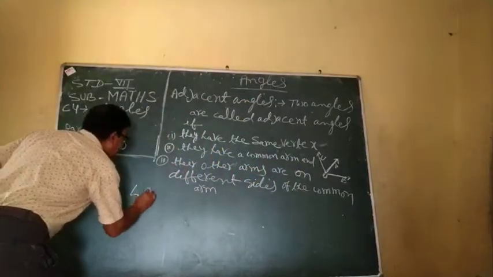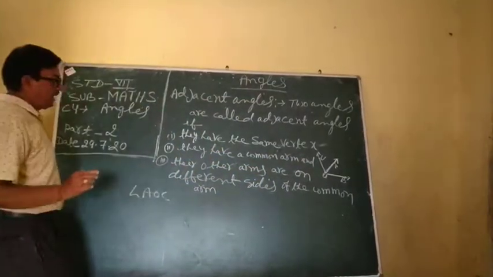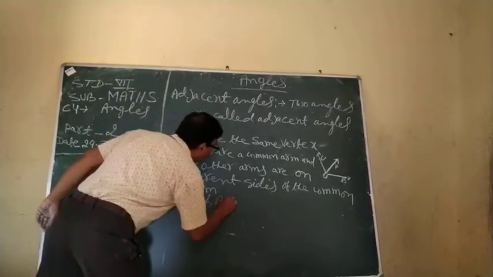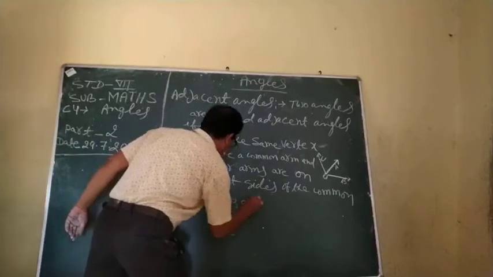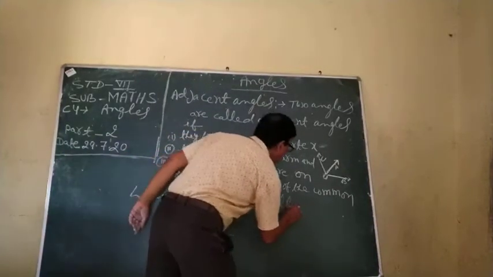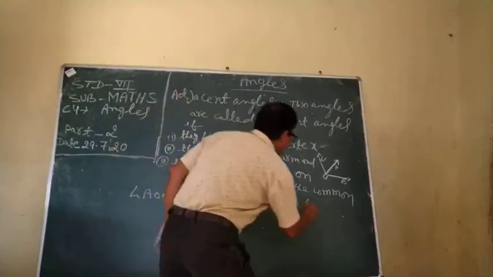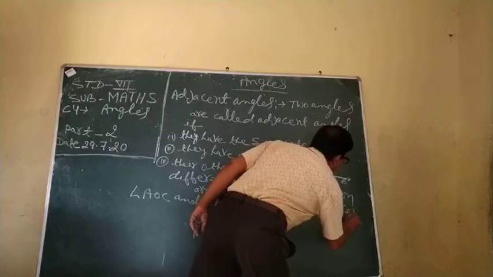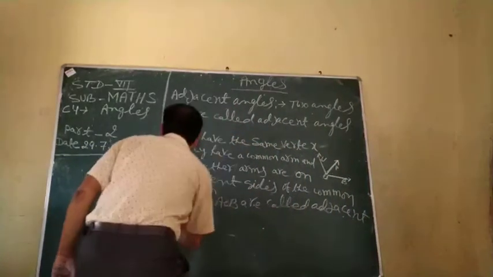You can write angle AOC and angle AOB are called adjacent angles.